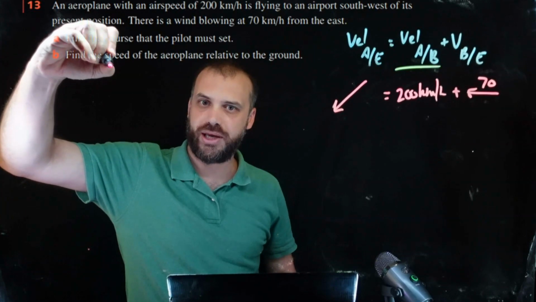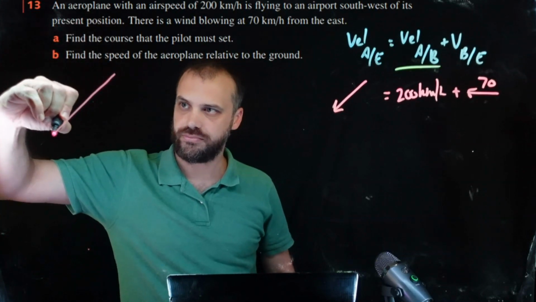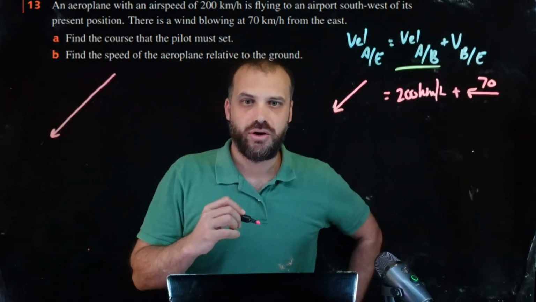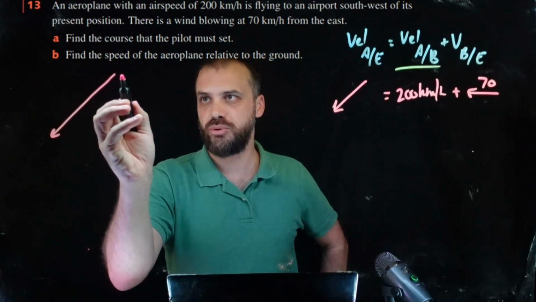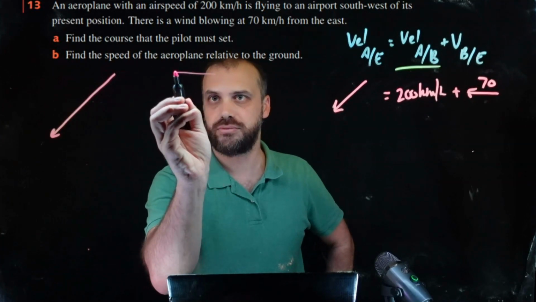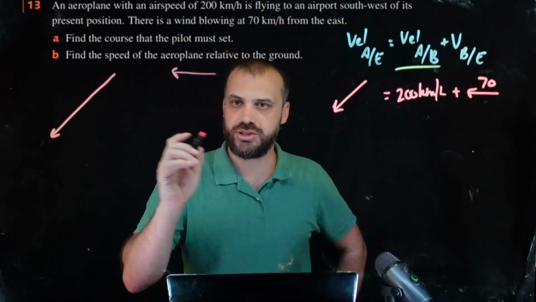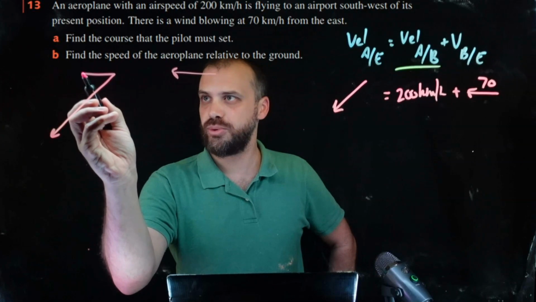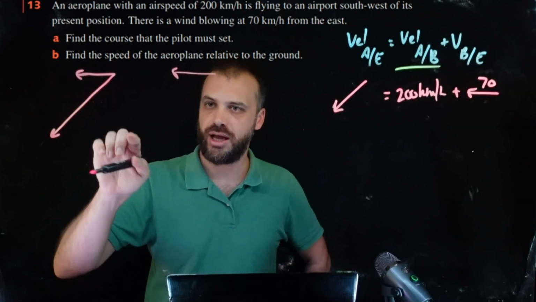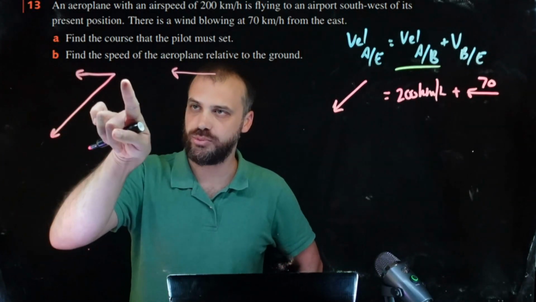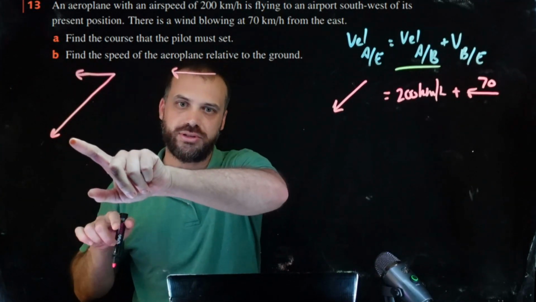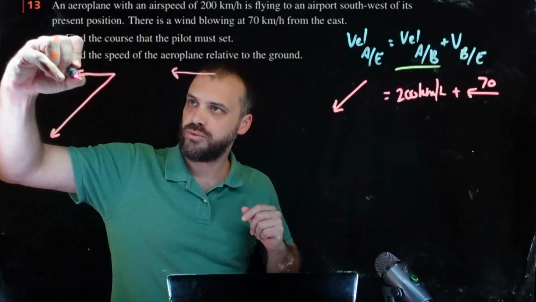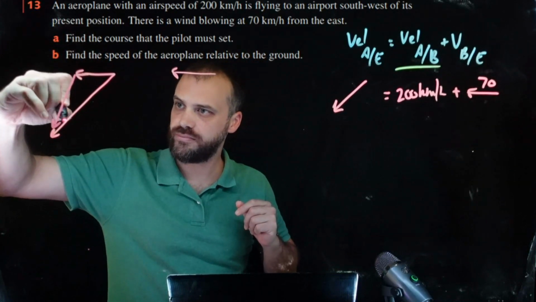So let's draw a nice big picture of what we're dealing with. We want the plane to do this, right? We know that there is a wind blowing in this direction. And if the wind is blowing in that direction, the wind plus the plane will be the result. This is the plane.